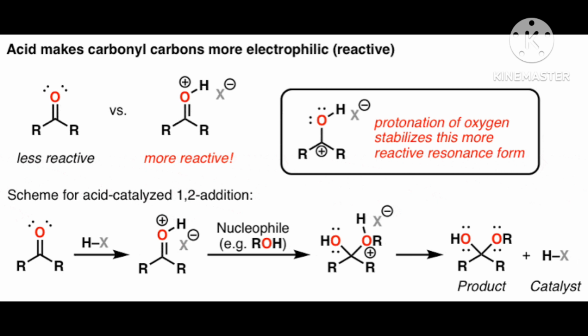First it will form a tetrahedral intermediate, where O is now negatively charged. This is the slow step.